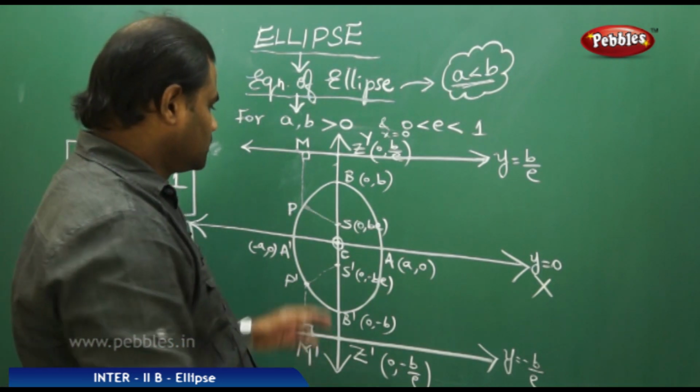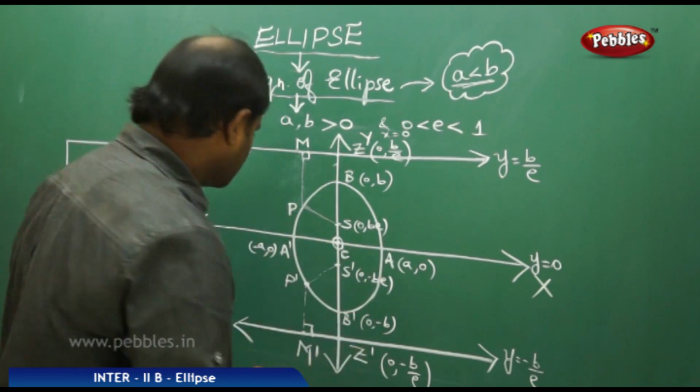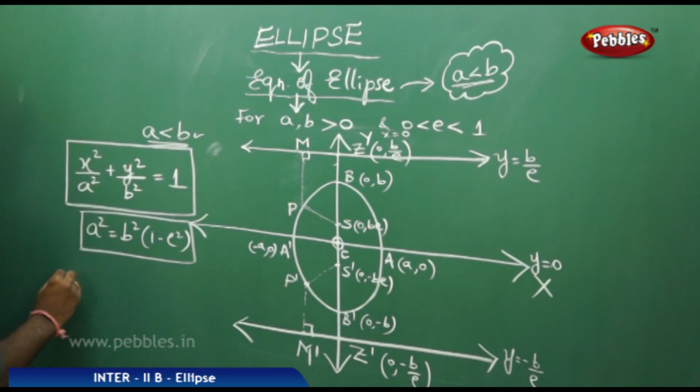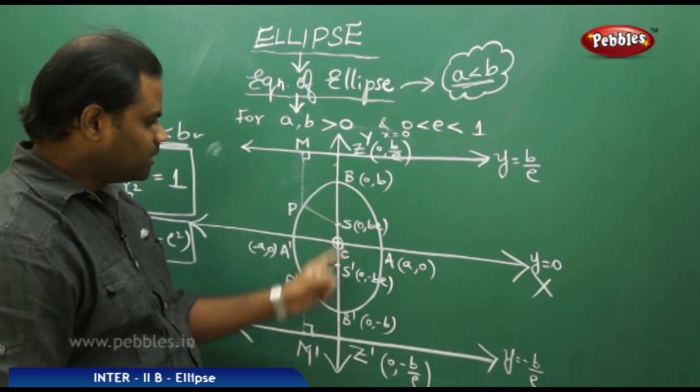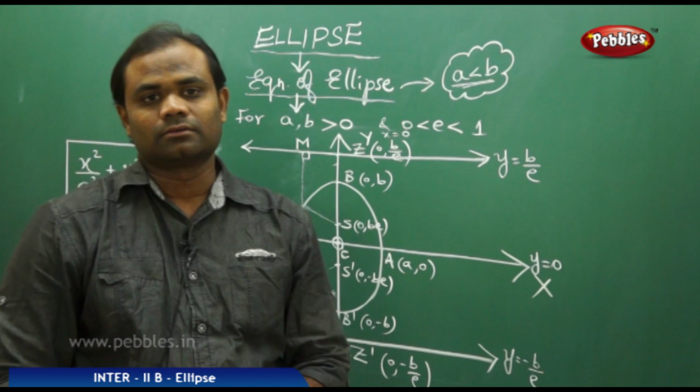And we have the length of major axis or the length of minor axis in case of this being AA dash and BB dash, which is 2B, and AA dash, which is 2A.